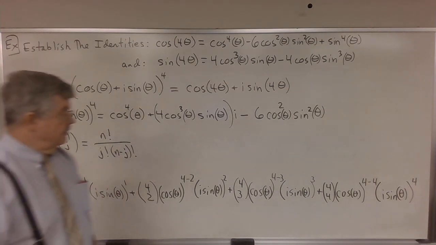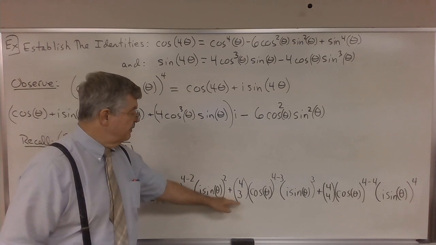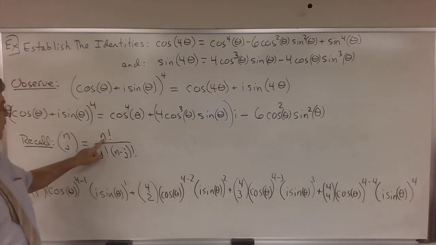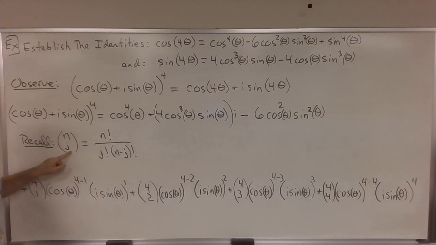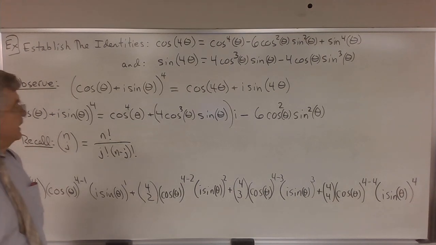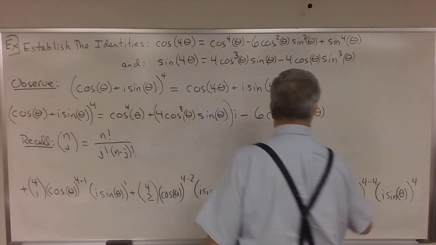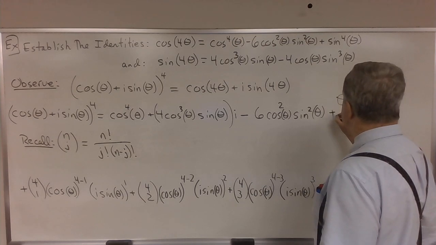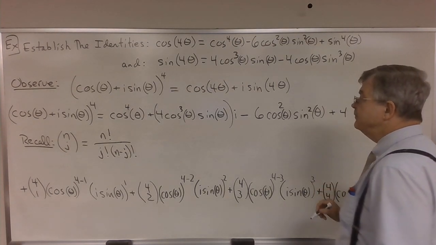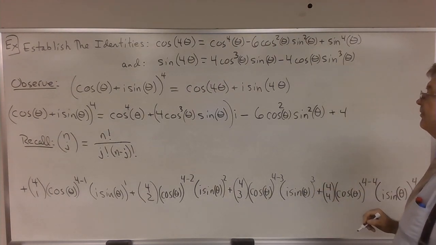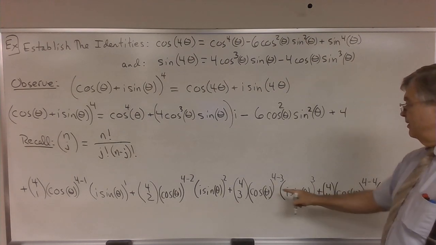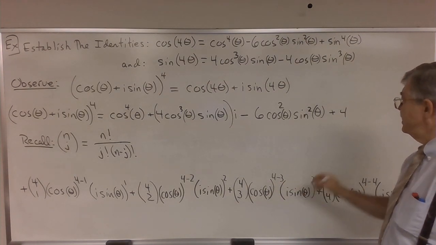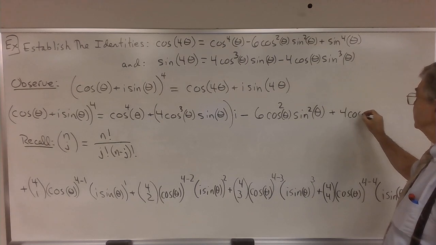Okay, next term, 4 choose 3. If we plug 4 in for n and 3 in for j, we find that we get 4. So I'll have 4 and cosine of theta to the 4 minus 3 is just cosine of theta.